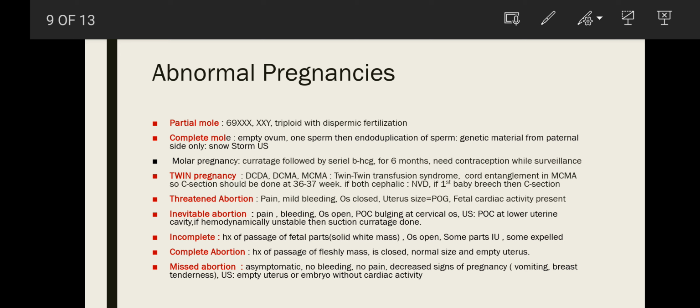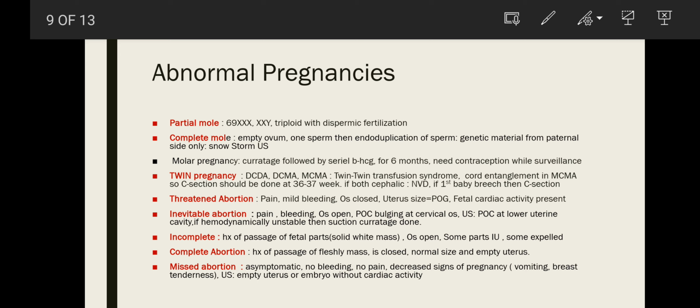But in complete abortion, because there is complete loss of the pregnancy, the os is completely closed, and the size of the uterus is completely normal as in a normal person, not the uterus of a pregnant size. In this case, there is a history of passage of flaky mass.